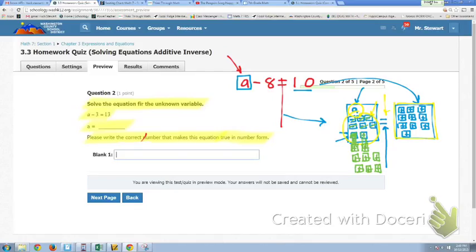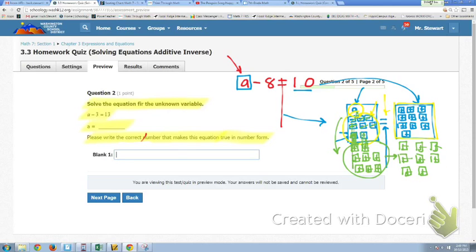But what happened here, since this was a perfectly balanced equation, it is now much heavier on this side, right? So in order to keep it balanced, whatever I put on this side that changed it, I have to also put the same amount on this side. So I have to go 1, 2, 3, 4, 5, 6, 7, 8 positive numbers.